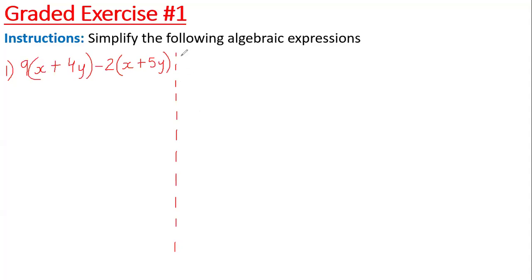Then we have number 2. We have 7 open bracket x plus 5y close bracket minus 3 open bracket x plus 2y close bracket.